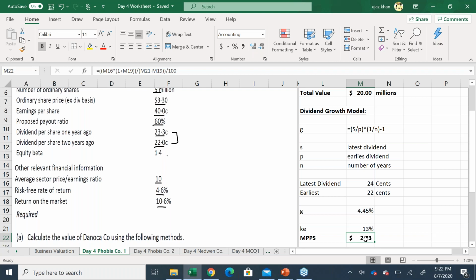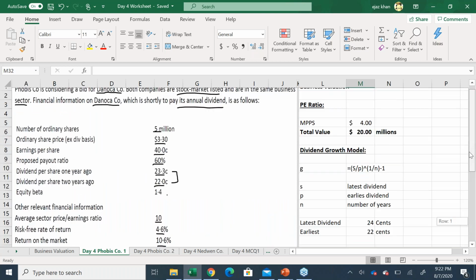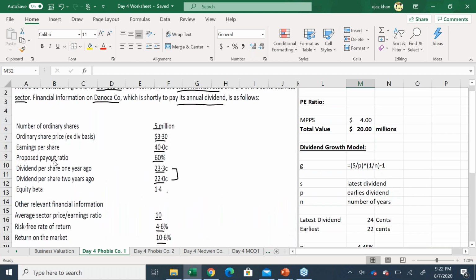Okay, now let's go to the discussion and discuss the significance to Forbes company, how important these figures are for Forbes company in comparison to the current market value of Denoka company. Now, what is the current value? Here we go. The question has already given us its current market price, $3.3.